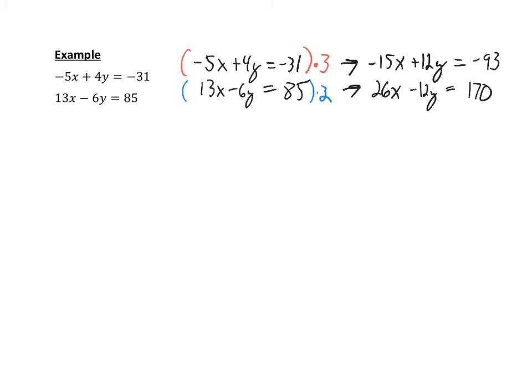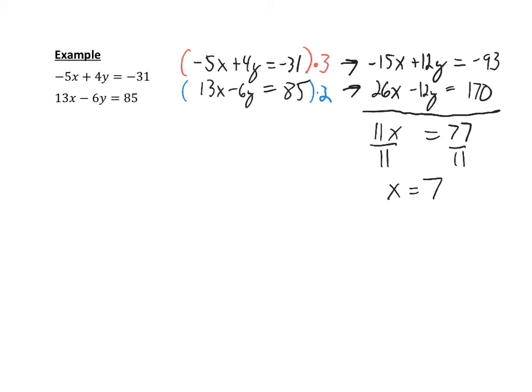The positive 12y and the minus 12y, that's what I was really looking for, because now those things will cancel. 15x and 26x makes positive 11x. Negative 93 and 170, if you added those two together, would be 77. We divide by 11.